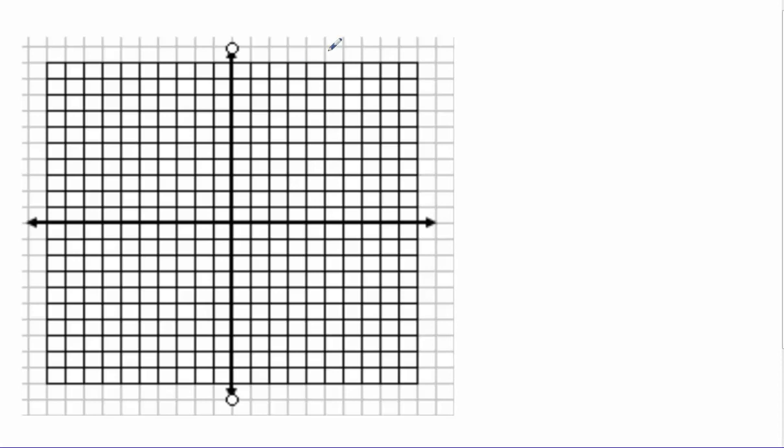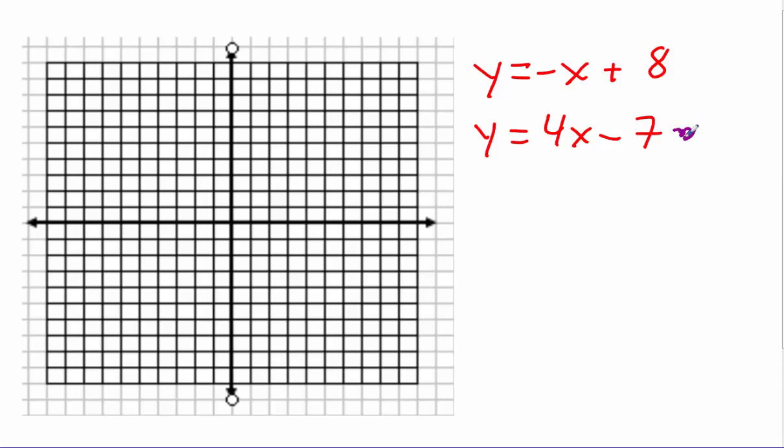We have our first equation, y equals negative x plus 8, and we also have y equals 4x minus 7. Now, I should have done these in different colors. We'll just say this one's in purple. In order to find their solution, we must graph these two equations separately and see where they meet on the graph.